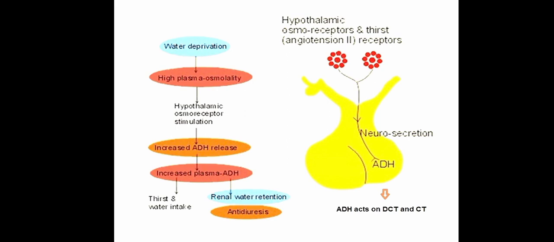Now, if I consider in detail, the condition is an increase in the osmolality, that is when there is an excess amount of sodium and other kinds of ions present in the body. That means less water is present in the body. This causes excitation, I repeat, this causes excitation of the osmoreceptors which are present in the hypothalamus.